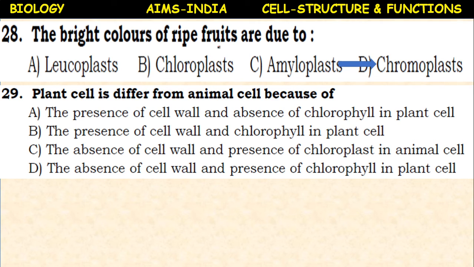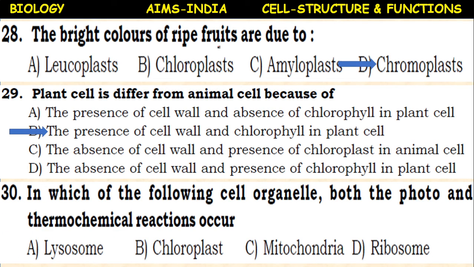The second option is presence of cell wall and chlorophyll in the plant cell. The third option, the absence of cell wall and the presence of chloroplast in animal cell. The fourth option, the absence of cell wall and presence of chlorophyll in plant cells. So what is the correct option? The second option, presence of cell wall as well as chlorophyll in the plant cell.